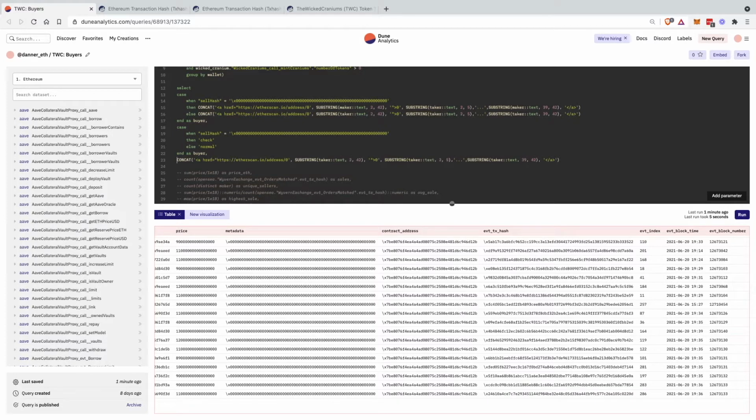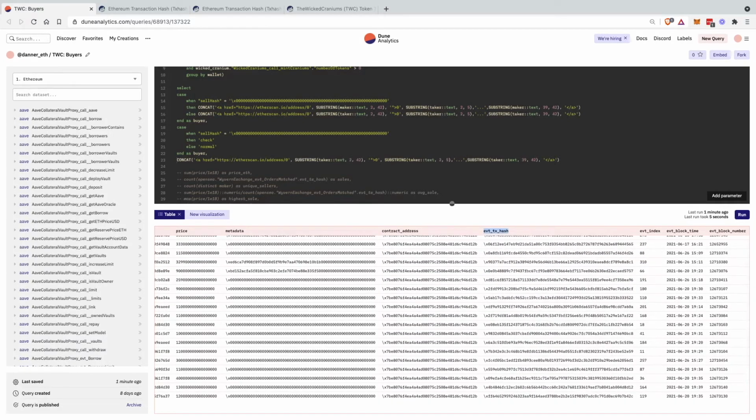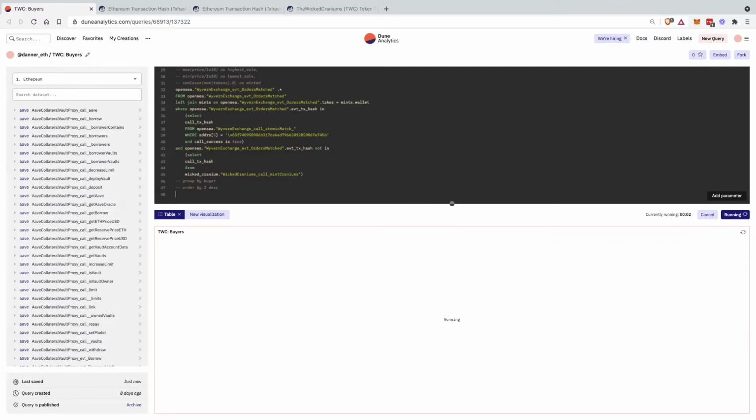That's the event transaction hash. And let's go ahead and throw that limit on there as well.